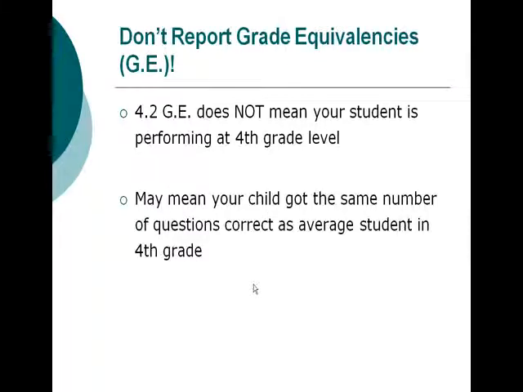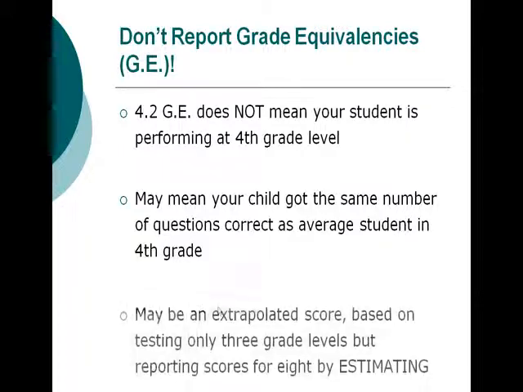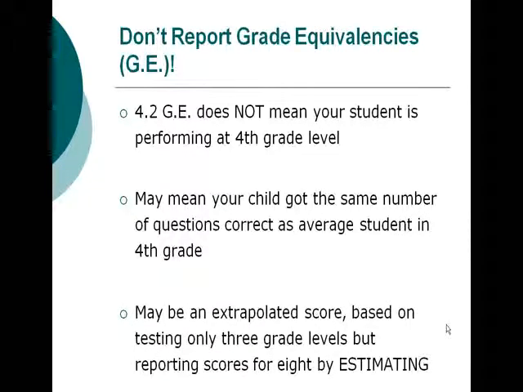It may mean that your child got the same number of questions correct as the average child in 4th grade, 4.2, but maybe not the same ones. For example, a 4th grader who got the same number correct might have just blown off the easy ones and answered some harder ones. So it just means got the same number correct. And in fact, it may even be an extrapolated score.